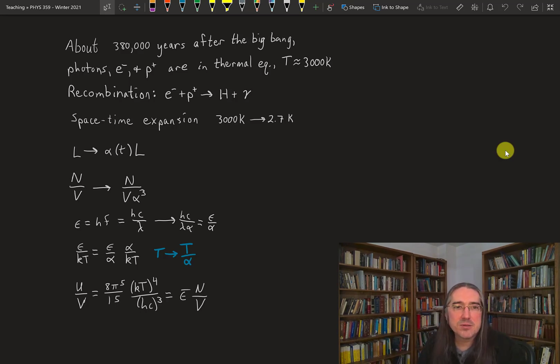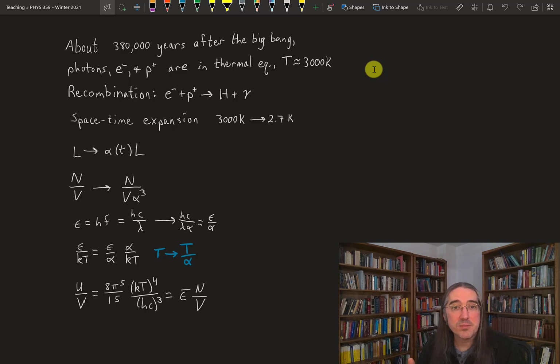And about 380,000 years after the Big Bang, pretty cool that we can say these things with multiple digits of precision, the universe is basically a plasma of photons, electrons, and protons. And there's some helium nuclei floating around in there as well, but by and large, it's electrons, protons, and photons.